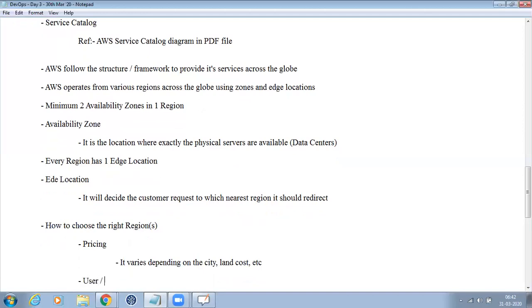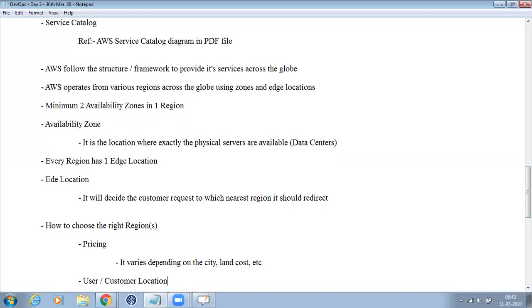User, or the customer location. This is also very important. See, one of my applications, I want to host in a region called North Virginia, say for example. I cannot directly go and do that.